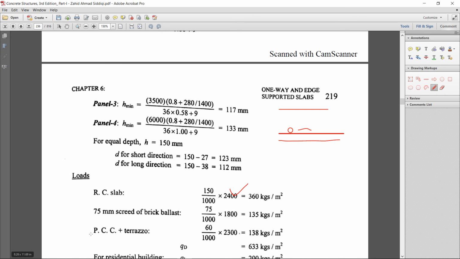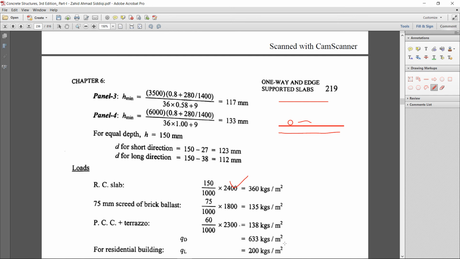For PCC, plain cement concrete, plus tarazu, that is chips, 60 millimeter divided by 1000, times the density of PCC and tarazu approximated to 2300. So our value for PCC plus tarazu is 138 kg per meter square. So our total dead load is 633 kg per meter square. And for this example, for residential buildings, the live load value is 200 kg per meter square.